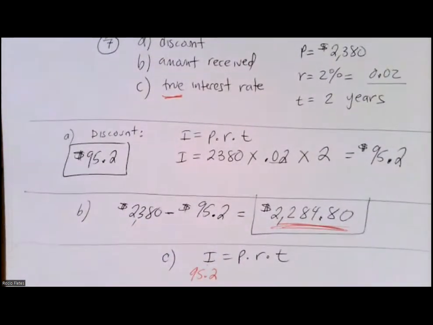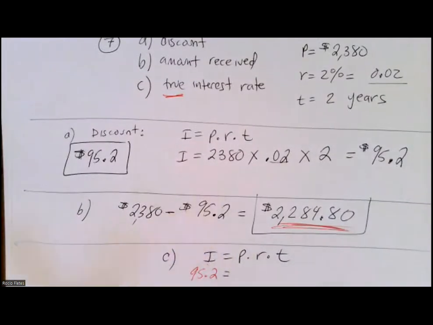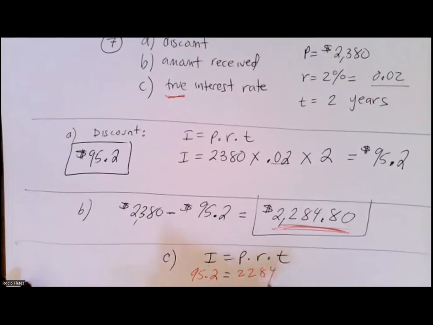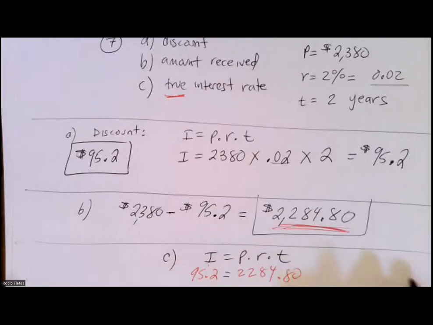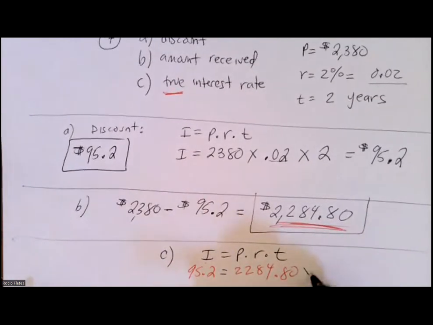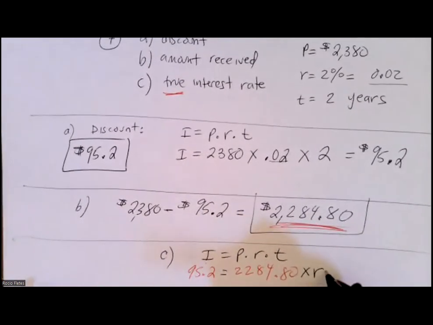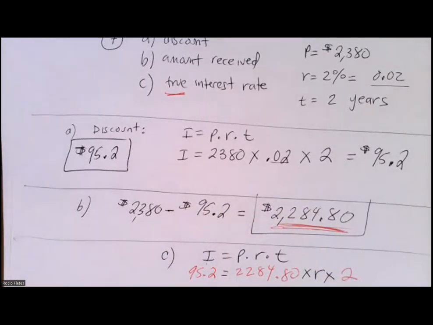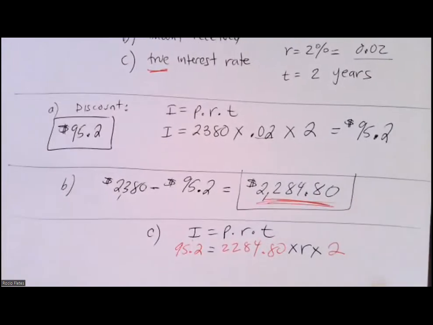We have a principal amount that is different from what we started with. The actual principal amount is 2,284.80, right? That's the real principal. Now let's figure out the real interest rate. We still know that time is 2 years. That didn't change.